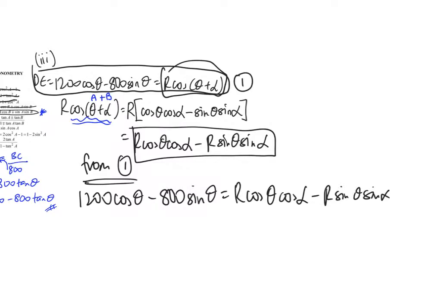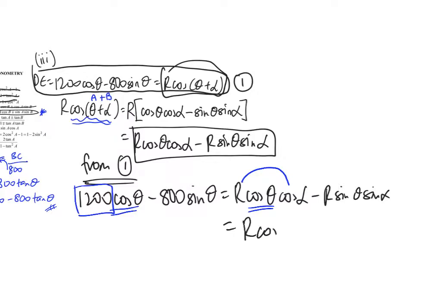Right, so the next step is to compare coefficients. Now what do I mean by that? The coefficient of cosine theta on the left side is actually 1200. For the right side, the coefficient for cosine theta is R times cosine alpha. So we can do a simple rearrangement first before we find the coefficient.